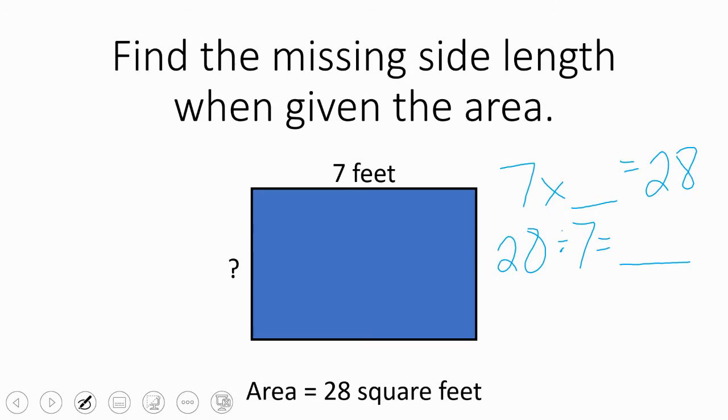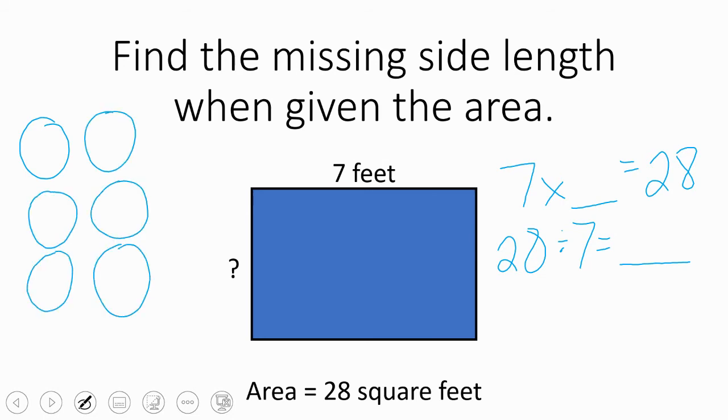And now I can draw equal groups to help me solve this. I can draw 7 groups, 1, 2, 3, 4, 5, 6, 7. And then I would put 1 dot in each group until I get to 28.